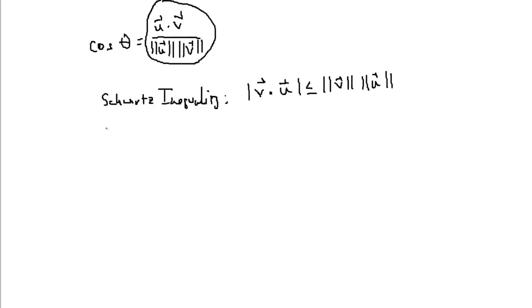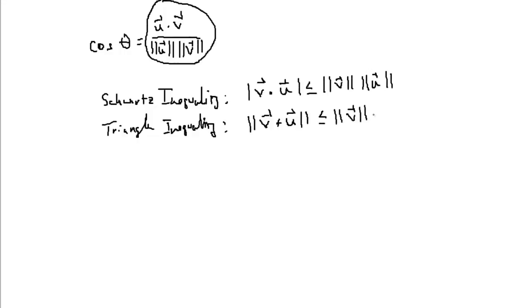The second one I want to give you is called the Triangle Inequality. The Triangle Inequality says the magnitude of v plus u is going to be less than or equal to the magnitude of v plus the magnitude of u.